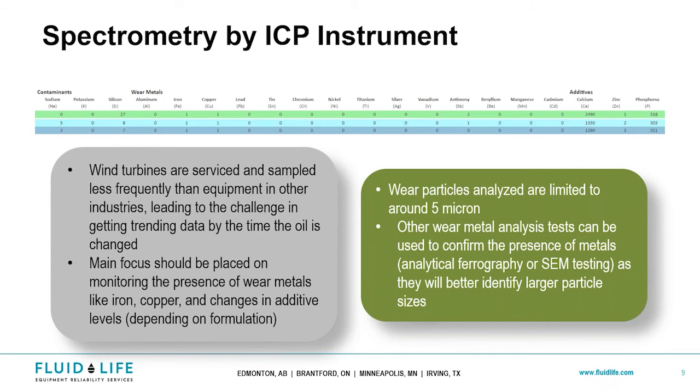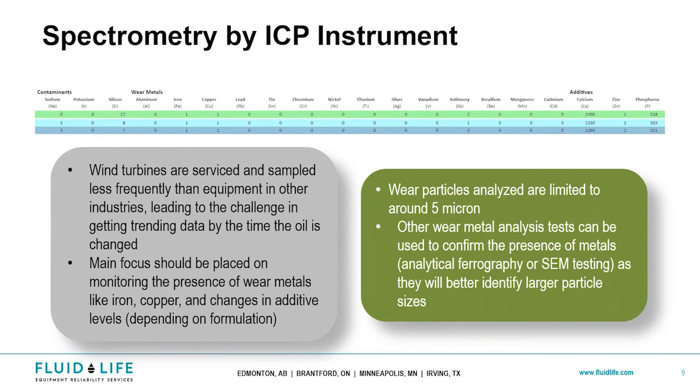Obviously, gearboxes are prone to showing up with iron and copper. And then there's also changes in additive levels. So if you look at the image placed at the top here, you're going to look at different wear metals. There's different additives that show up on these reports. And just seeing what your baseline is, that would be this green line here. And then over time, just monitoring and seeing the changes and fluctuations of such.